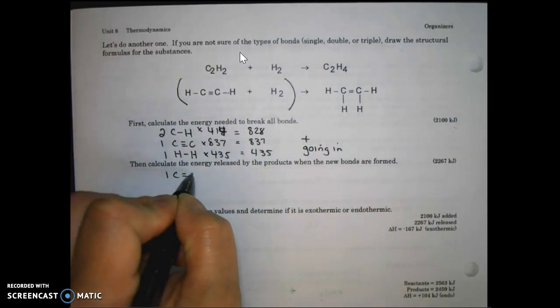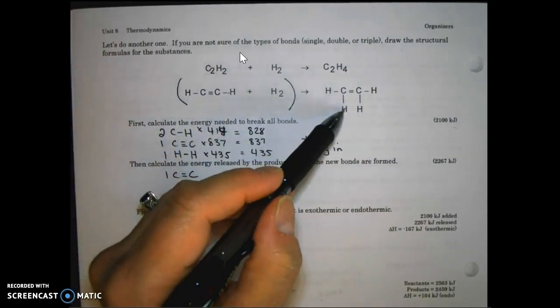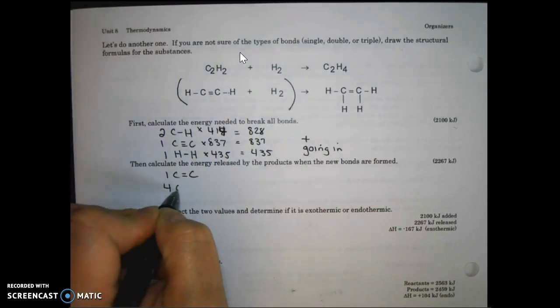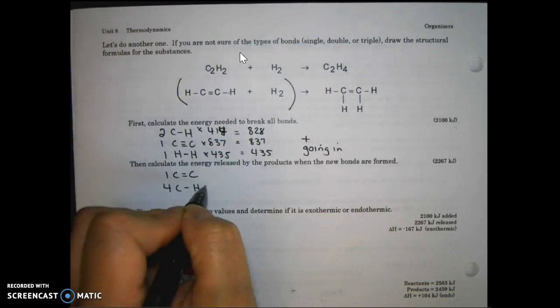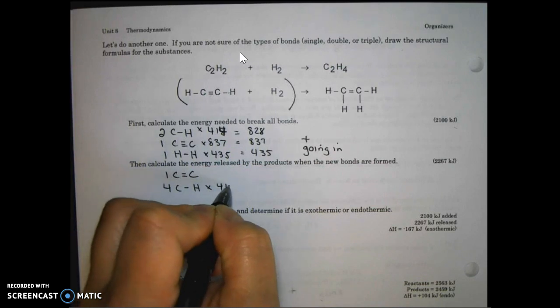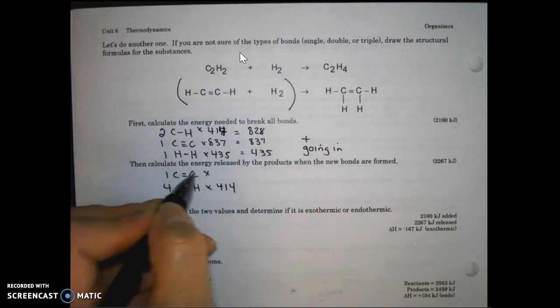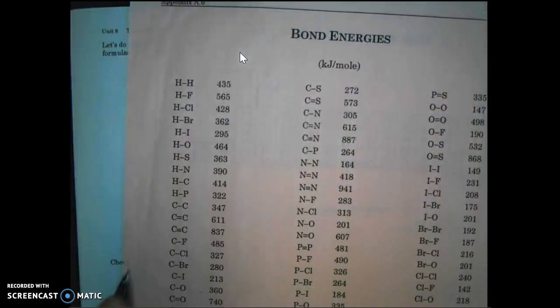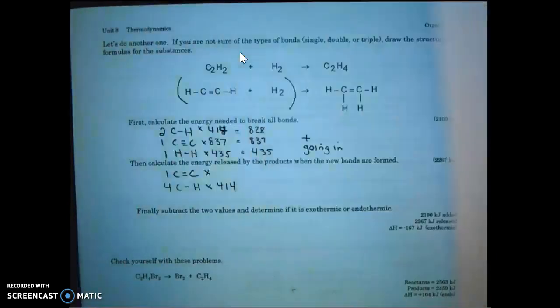There's 1 carbon-carbon double bond, and there's 1, 2, 3, 4 carbon-hydrogen single bonds. So carbon-hydrogen, again, is 414. A carbon-carbon double bond is 611.